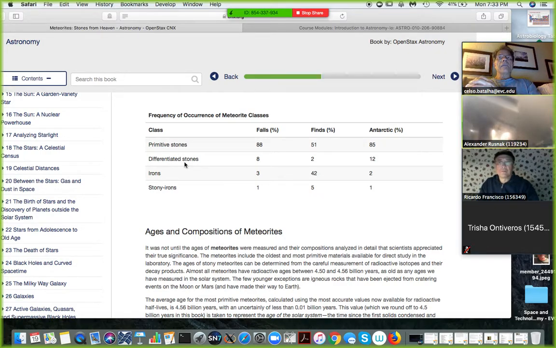Another type of study is to find the family based on their chemical composition, the chemical signature. So a piece of rock might have similar chemical composition. If you break that in pieces, the pieces should have similar composition, which means they were formed at the same location in the solar system.